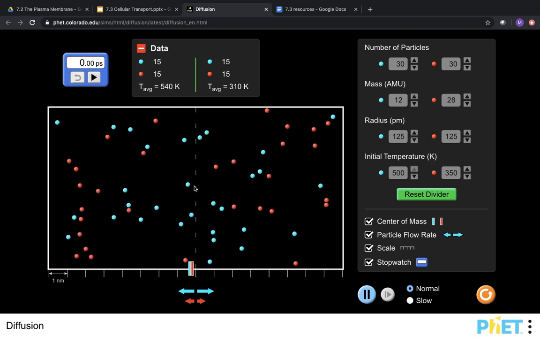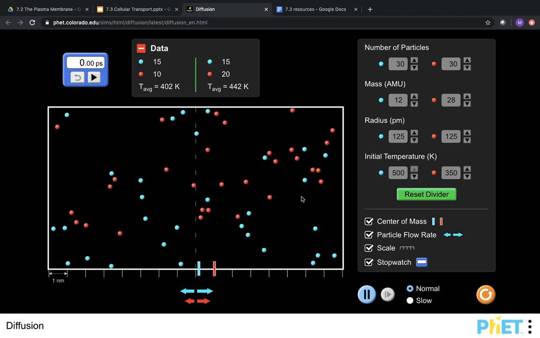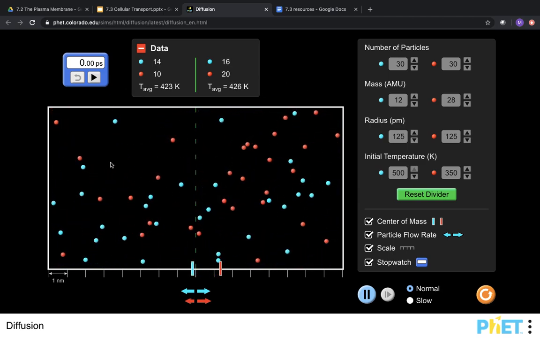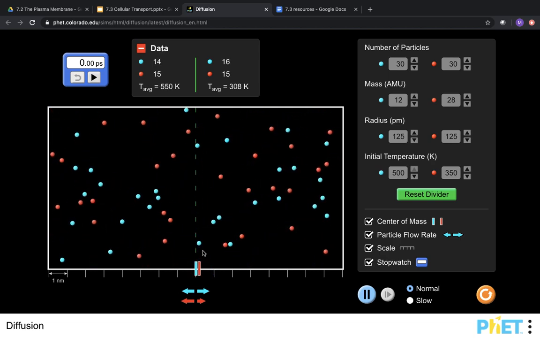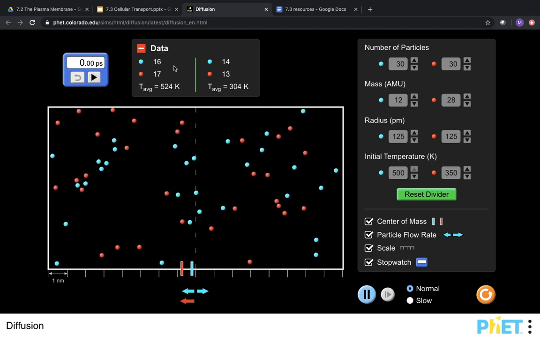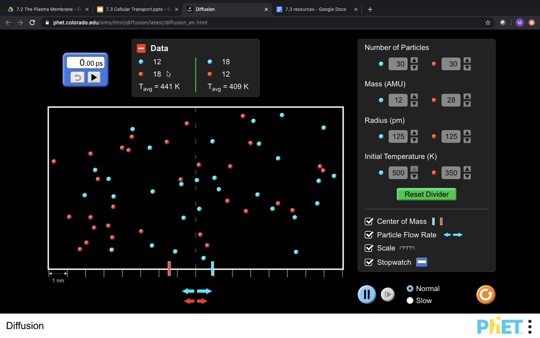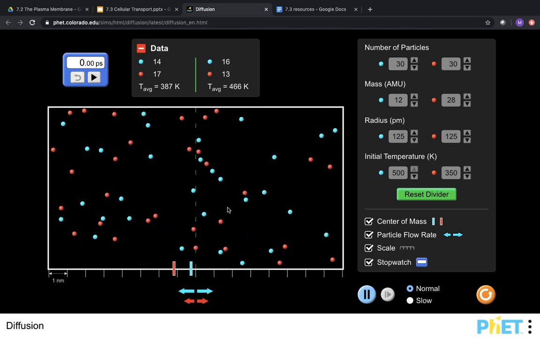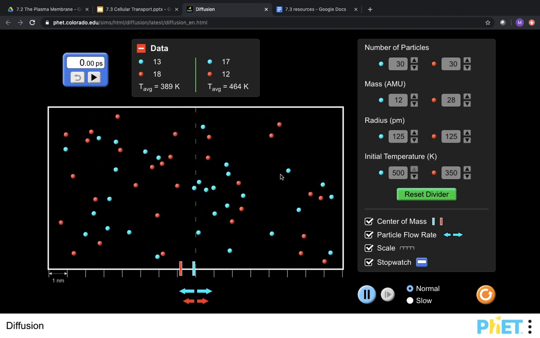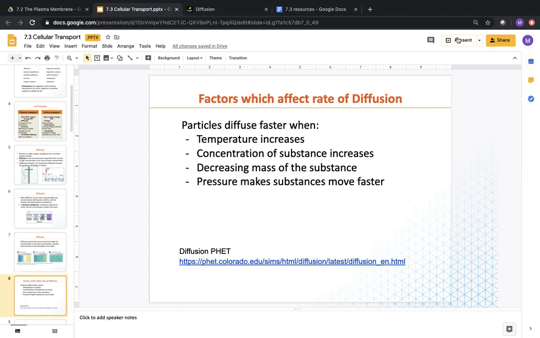They are now evenly mixed because they have gone from an area where they are at a high concentration towards areas where they're at a low concentration. And then we reached dynamic equilibrium. So we've basically reached a point where on average these two sides are going to have approximately the same number, but all of the substances within this area are still in motion. That's why it's called dynamic equilibrium.